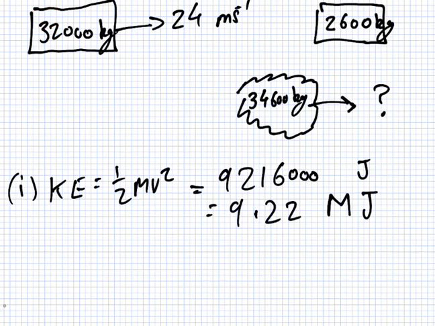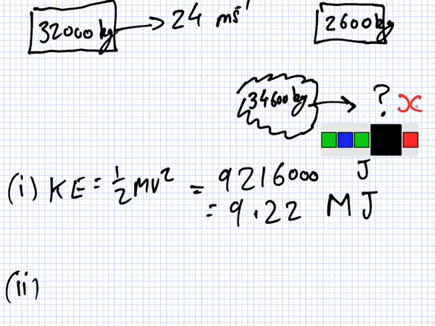Part 2 is now they would like to know what is this velocity. So what formula or idea can I use here to get the velocity?